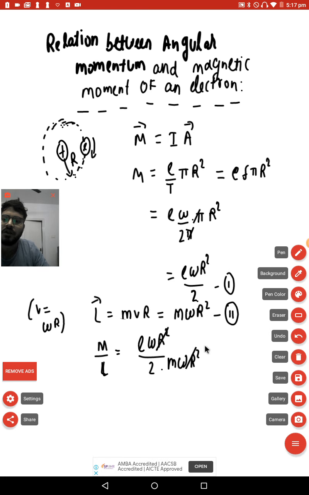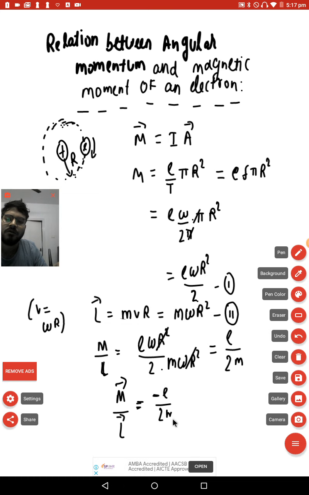Omega and r square cancel, so this is charge of electron divided by twice the mass of the electron. In general we can say then that the magnetic moment divided by the angular momentum vector is actually equal to minus E by 2m.